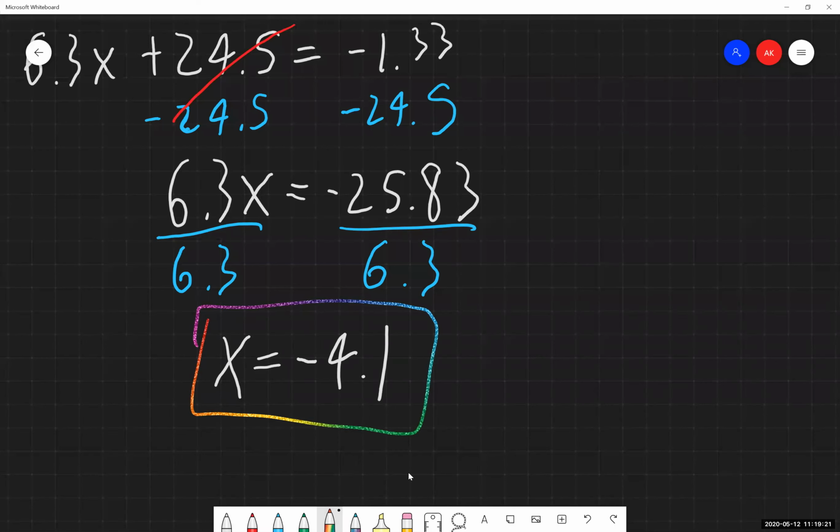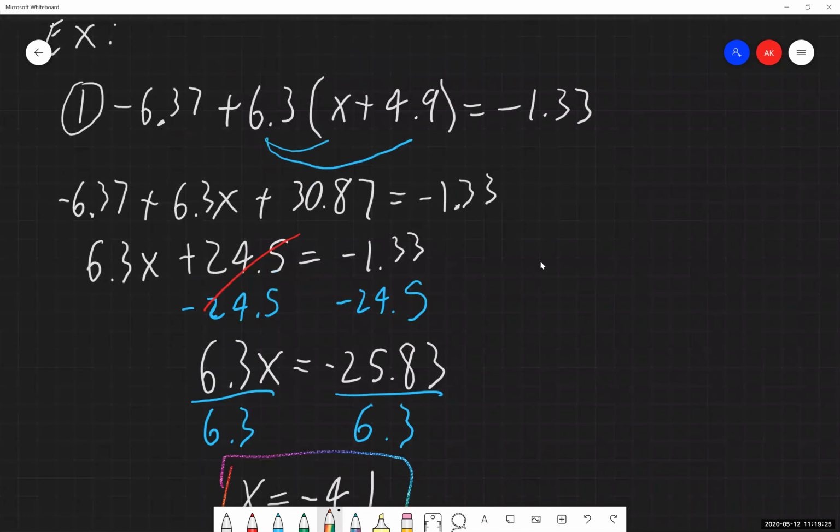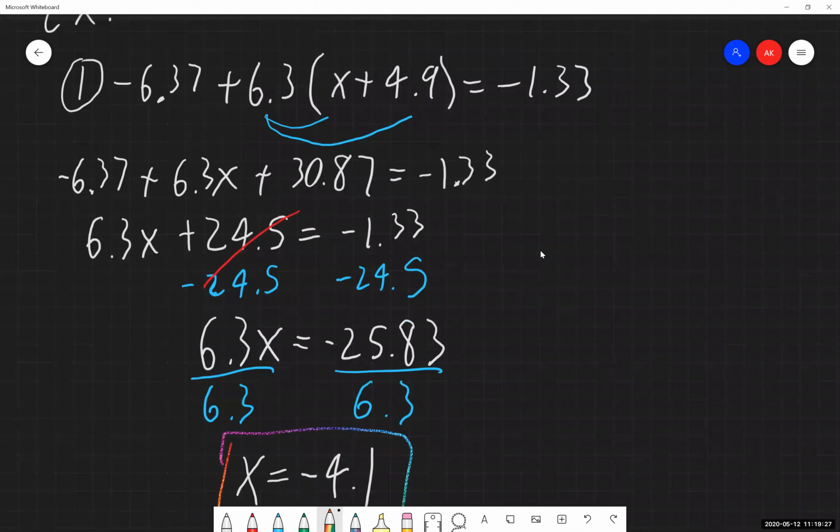So again, the only real difference that we have showing up with these problems in 5.6 is now we've got decimals. I've got really gross decimals showing up, and you just want to use your calculator more. That's about all that's really changing, and all I would really recommend changing in your process.